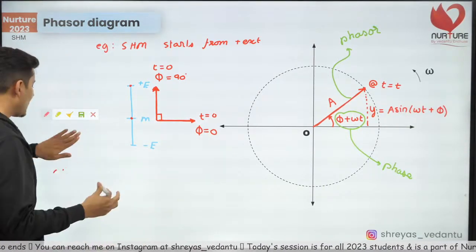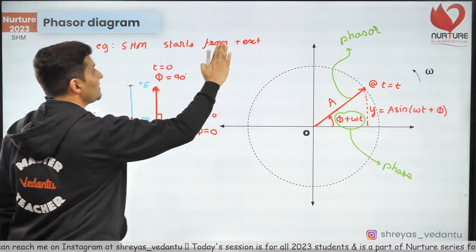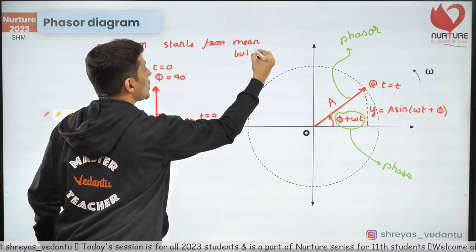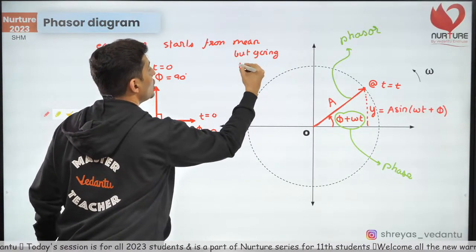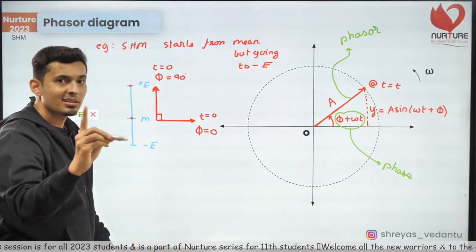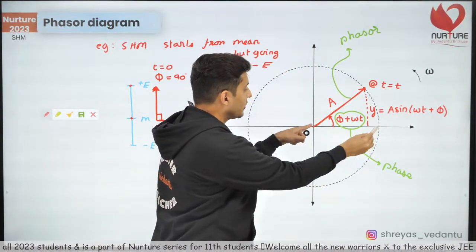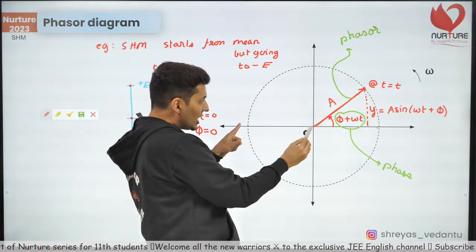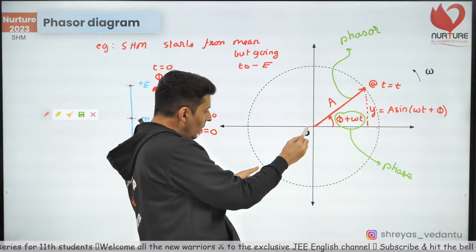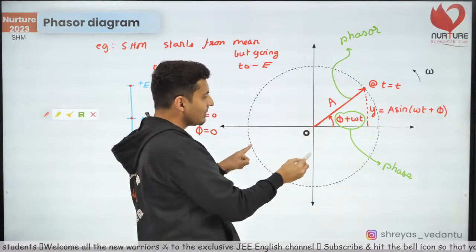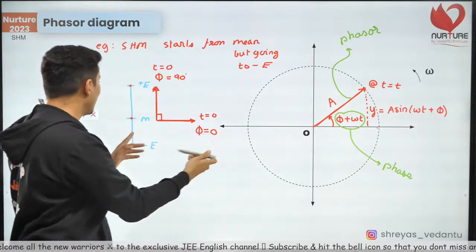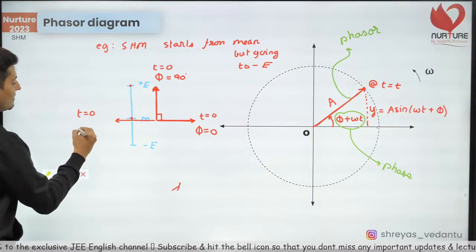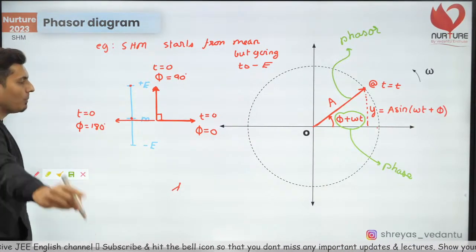Same way, if I tell you the SHM starts from mean, but going to the negative extreme. Think, if you start from here, the projection will go towards positive extreme. If you come over here, then the shadow will still fall here. But when you go down, it will go towards the negative extreme. So basically, if I start from here, then my phi will be 180 degrees or pi radians.